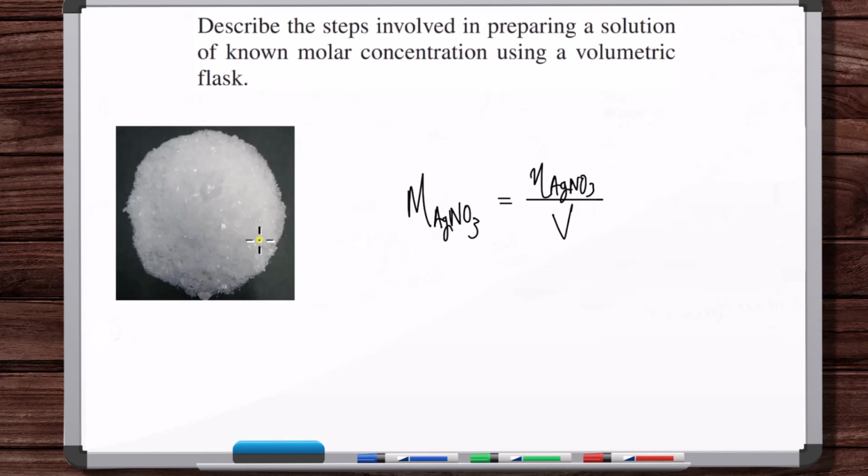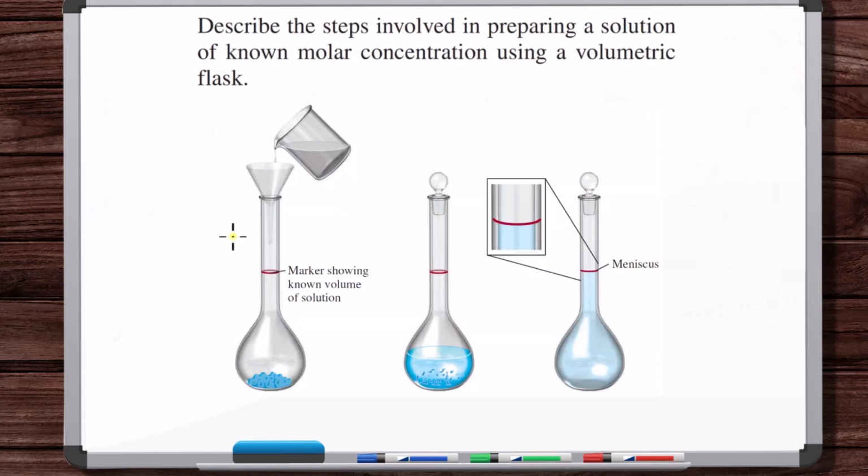Then we get a volumetric flask and put a marker showing that final volume of solution. Before you start pouring any liquid, you put that mass of AgNO3 into the flask. Then you add a little bit of water to that solid powder.